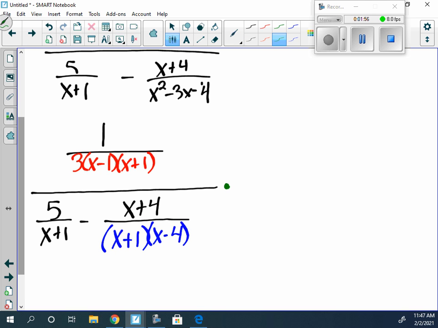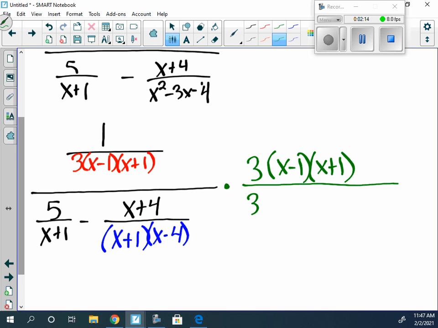So, the two methods that we have, one of them is making the denominators the same and adding the like fractions, but that's not going to be too helpful here. So, what we're going to use is the least common multiple. Now, I know I'm going to need 3, x minus 1, and x plus 1, because that's what we have on top.